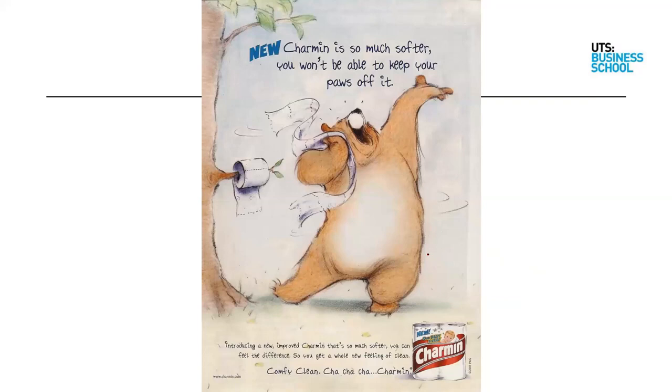So here's an example of a Charmin ad that you would see, that it is so much softer that you will not be able to keep your paws off it. So it very clearly indicates the key attribute that it is emphasizing. It is so much softer that you can feel the difference, right?